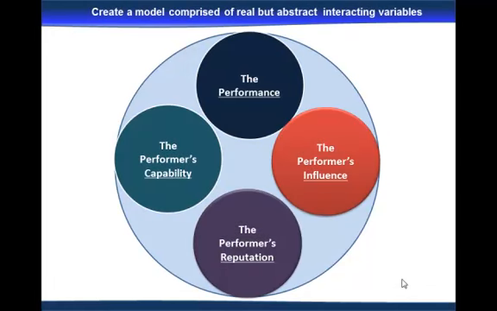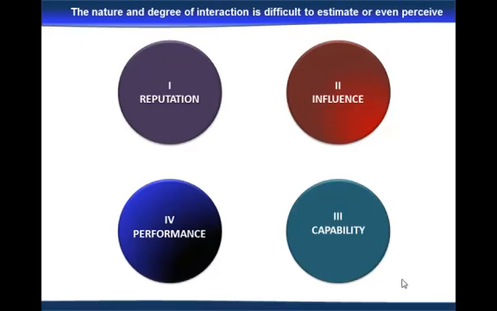Now, I'd like to create a model comprised of real but abstract interacting variables. What I mean by that is, I want to take these 4 concepts, reputation, influence, capability, and performance, and explain how they can relate to our own performance improvement.